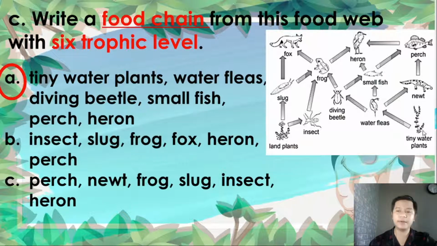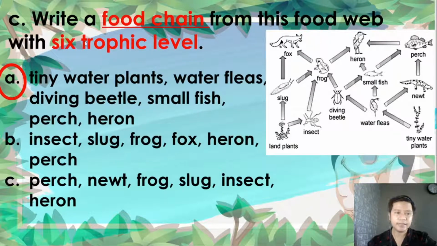Very good, because tiny water plant is eaten by water fleas. Water fleas is eaten by diving beetle. Diving beetle is eaten by small fish. Then small fish is eaten by perch. And then perch is eaten by heron.